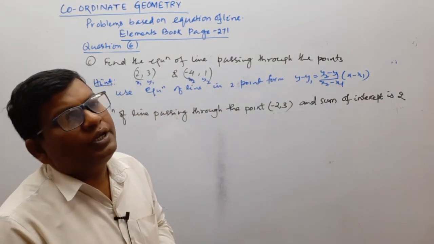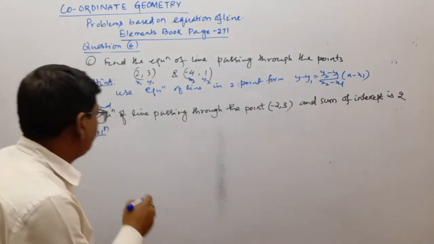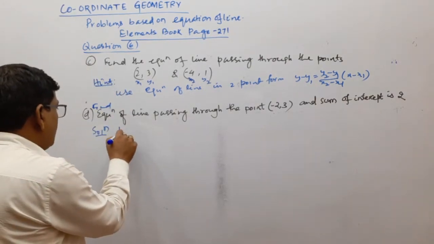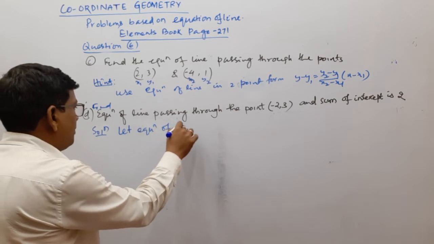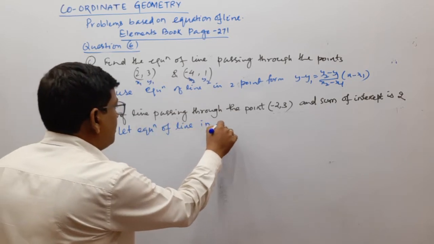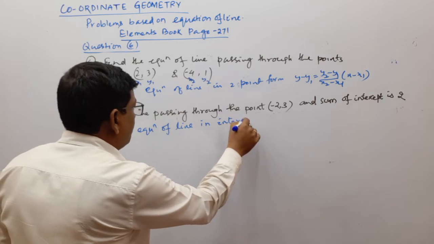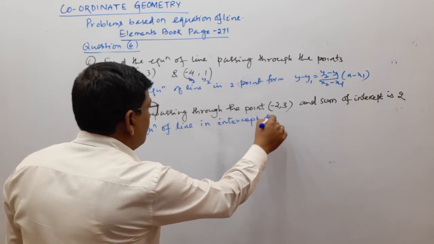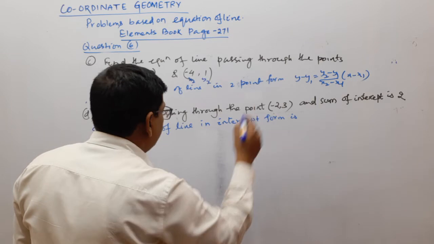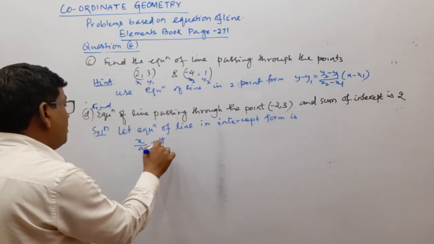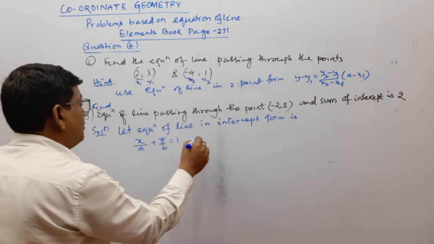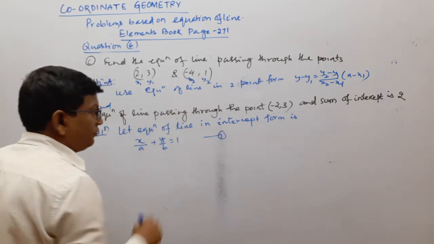We know equation of line in intercept form. Let equation of line in intercept form is x by a plus y by b is equal to 1. This is equation 1.